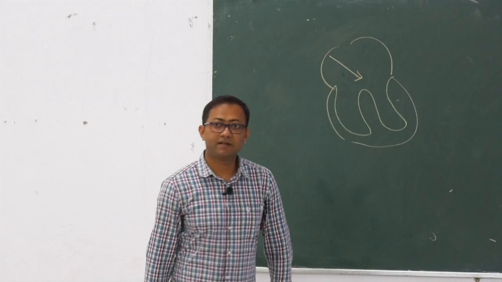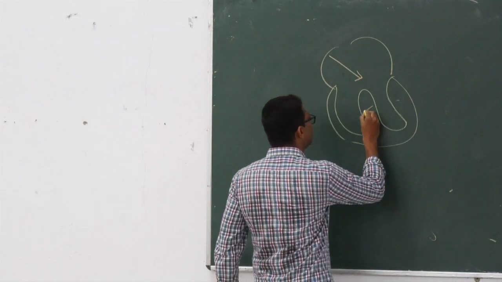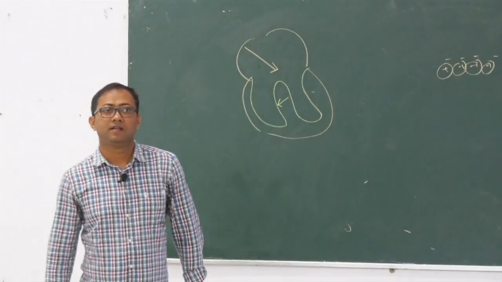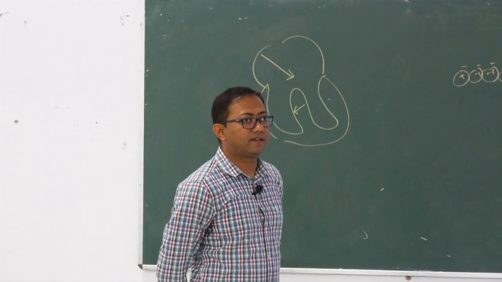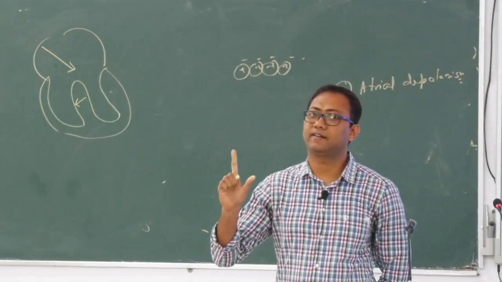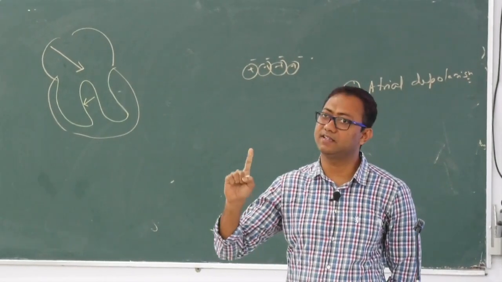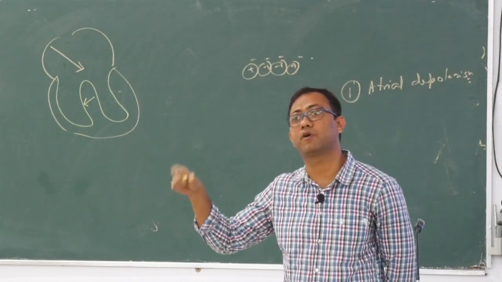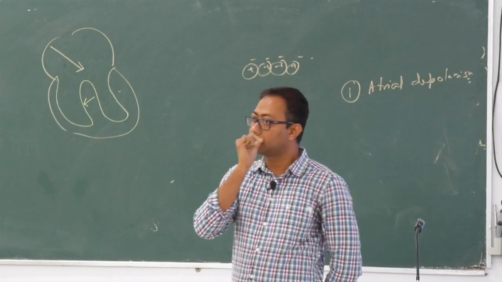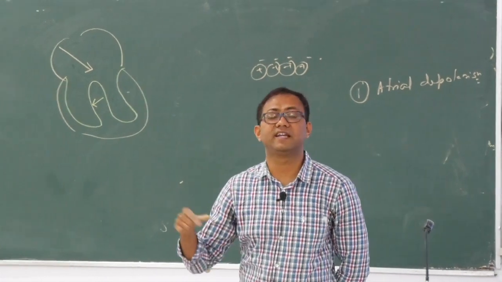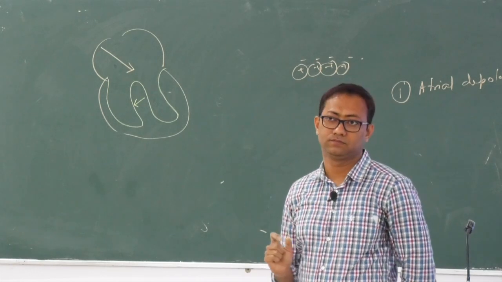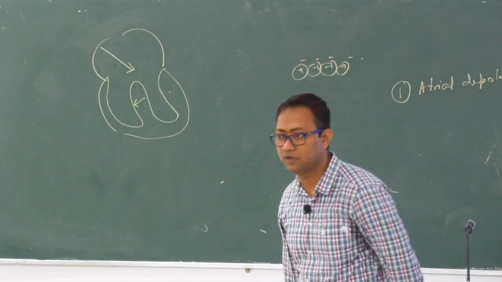The second vector is the septal vector. The first vector is the atrial vector, the second vector is the septal vector. That means it will depolarize the interventricular septum. And this is a small vector. The magnitude is less.